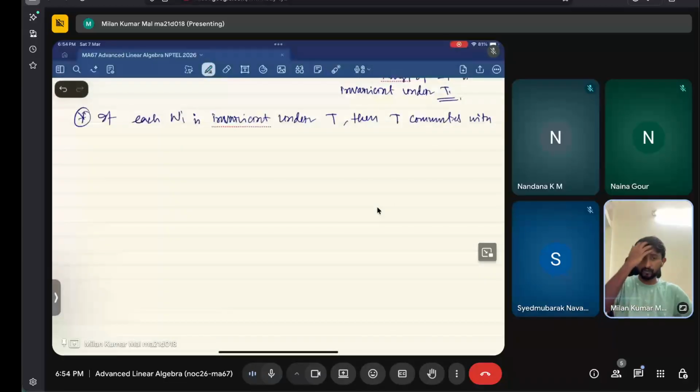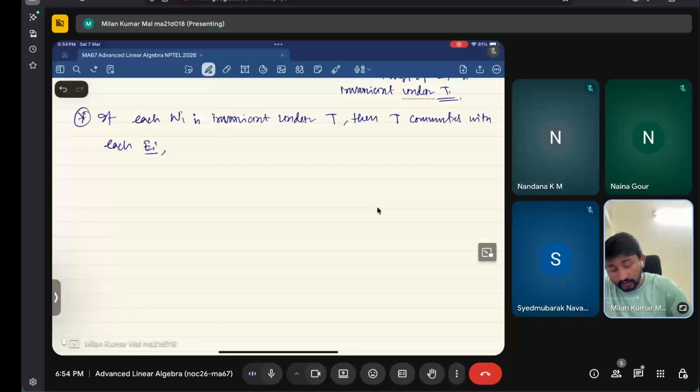This is what I have to prove, right? If Wi is invariant under T for each i, then T commutes with each Ei. So I have to prove that TEi is equal to EiT. So basically, we need to prove this. Let me.